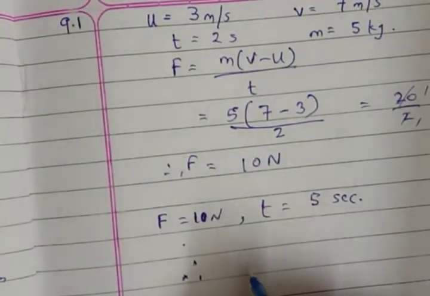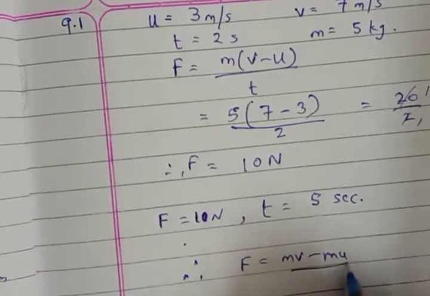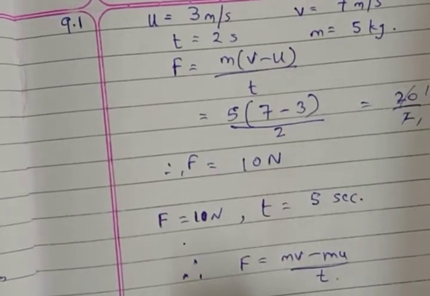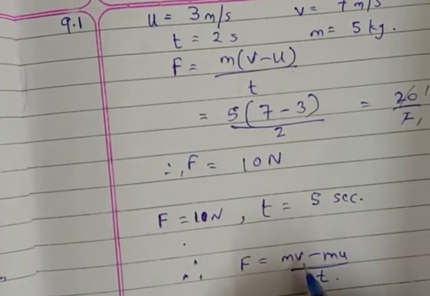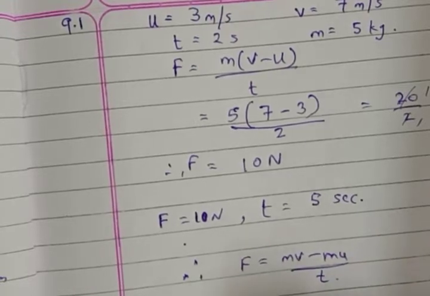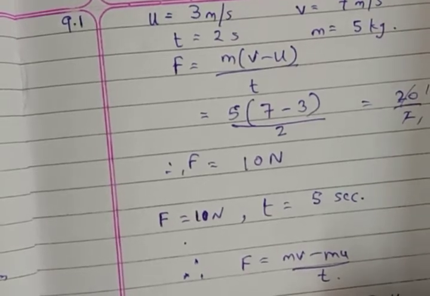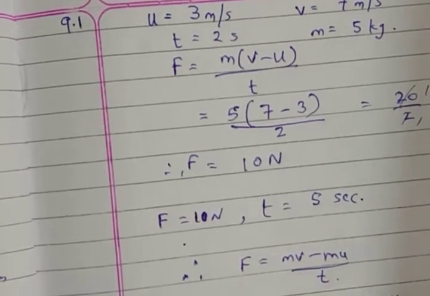So this will be F equal to mv minus mu divided by t. Now we want to find v, velocity final. So what we will do? We will rearrange F into t plus mu divided by m will give the value. It will give the value of v.